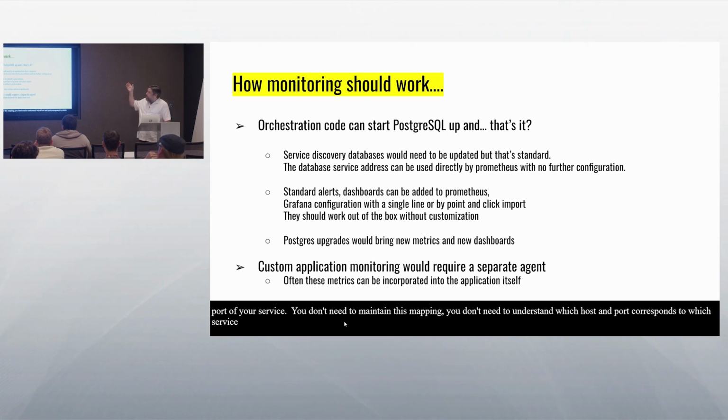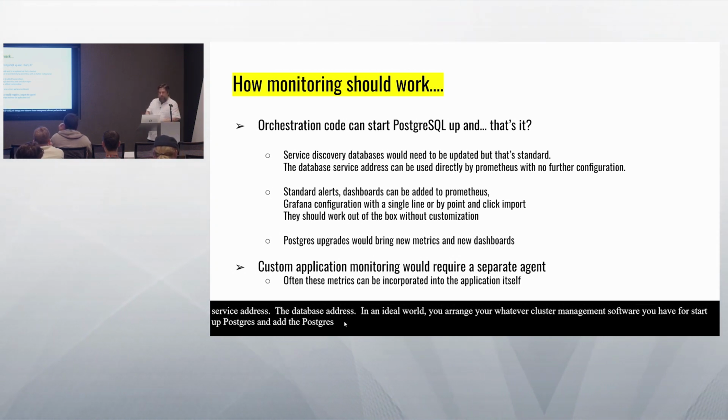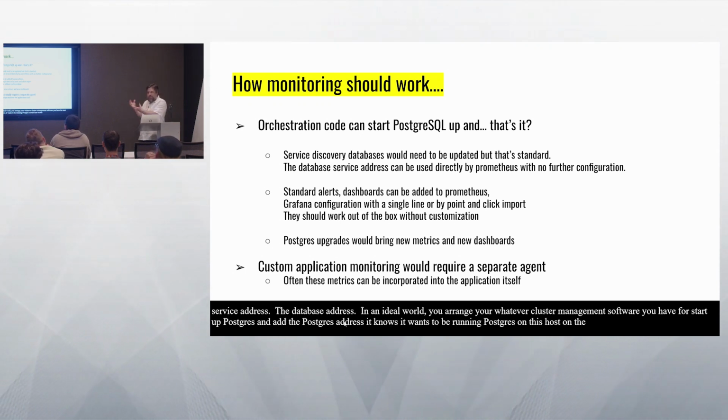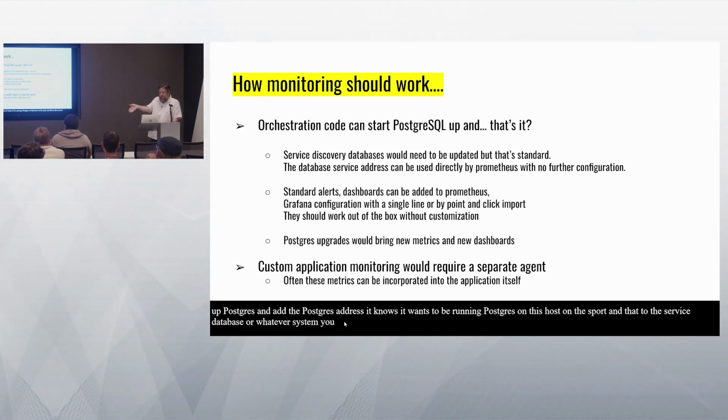So in an ideal world, you'd arrange your Kubernetes or whatever cluster management software you have to start up Postgres and add that Postgres address. It knows it wants to be running a Postgres on this host at this port. Add that to the service database or whatever system you have for discovering services, and you're done. The monitoring system knows there's a database running at this host and port. It'll start monitoring it at that host and port.